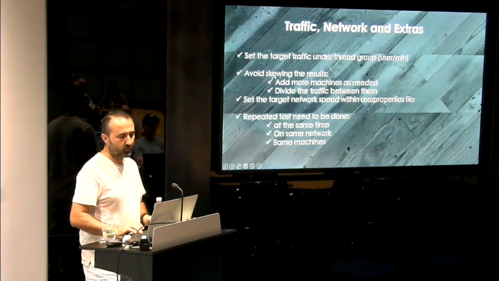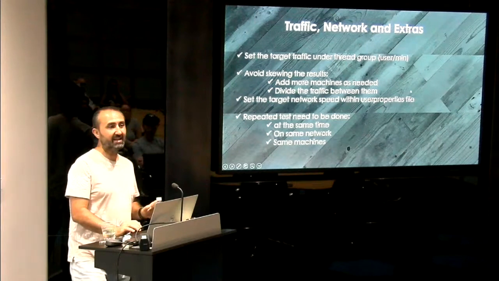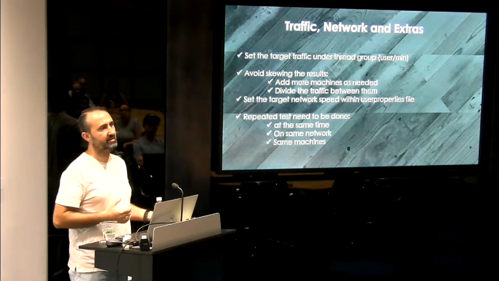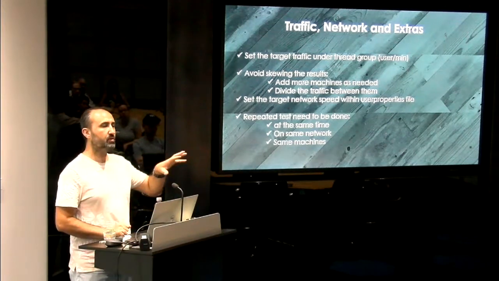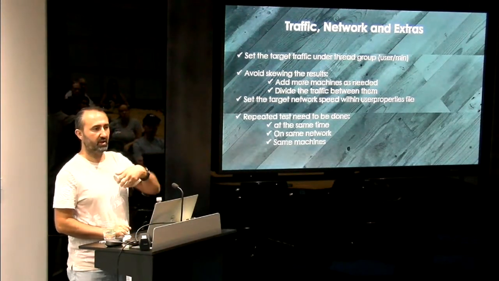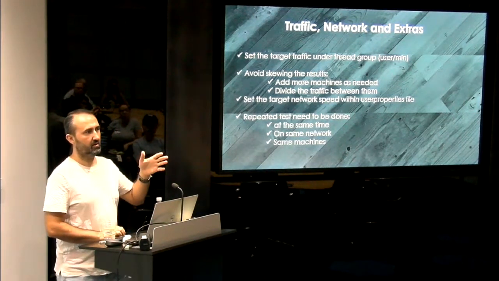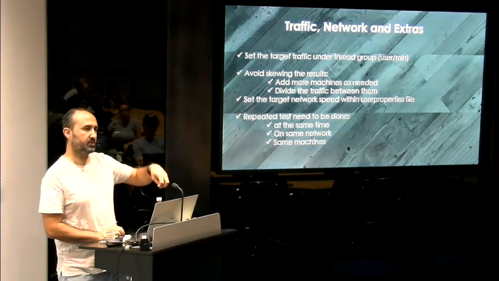Now, you need to avoid skewing your results by adding more machines. Experience showed me that, depending on the site, this cannot be a number that we adopt, but try to steer away from hitting 350 threads on your machine.